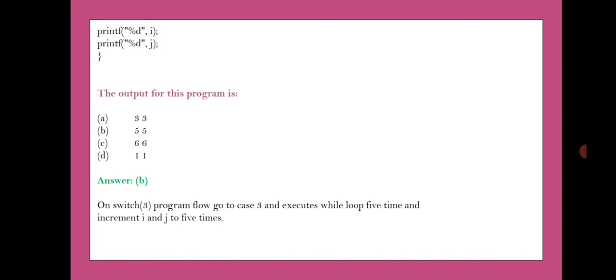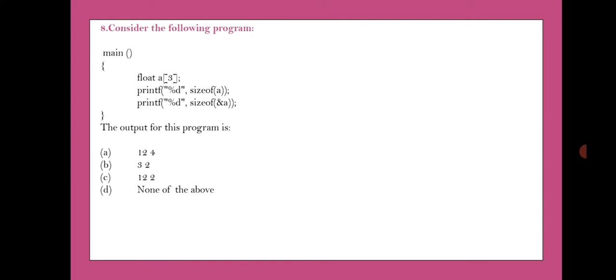Let's move on to the other program. Consider the following program. We have a float a of 3 and we are printing sizeof a and sizeof &a. What would be the output of the program?